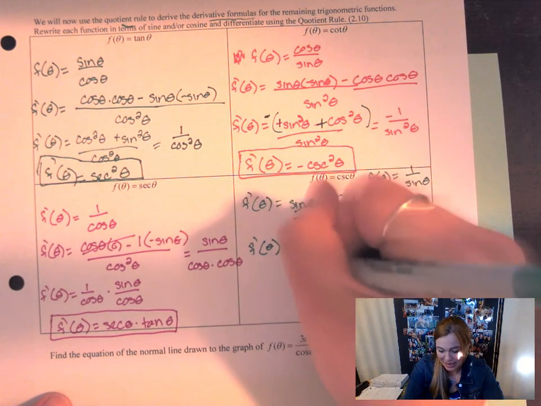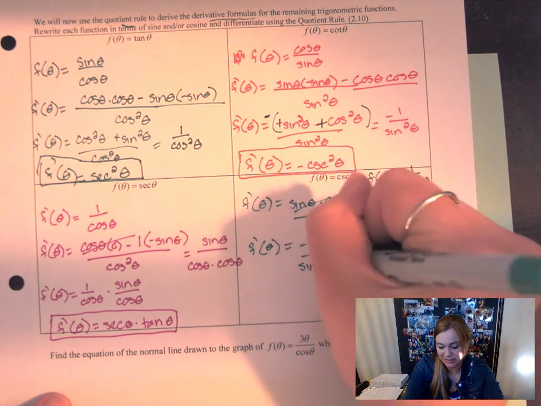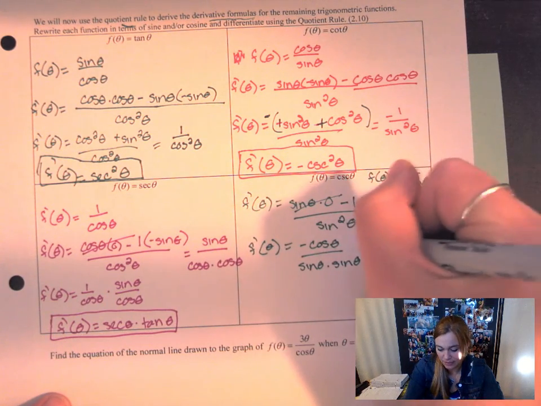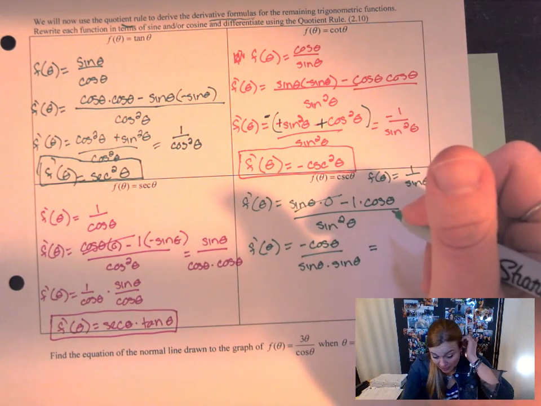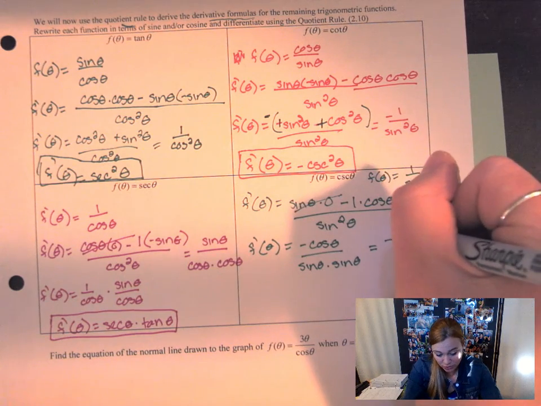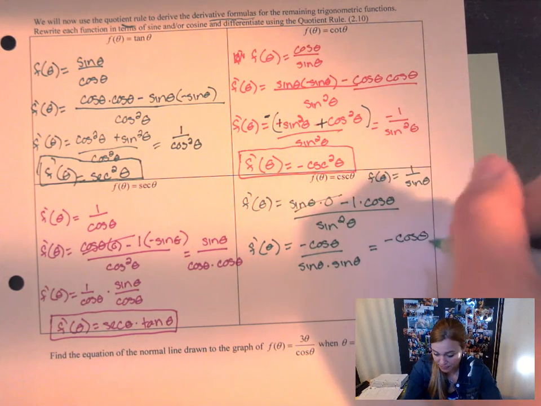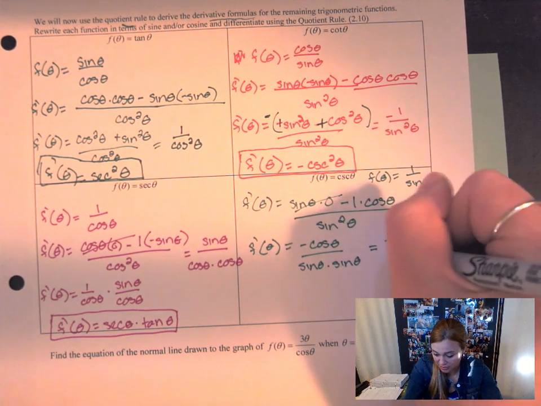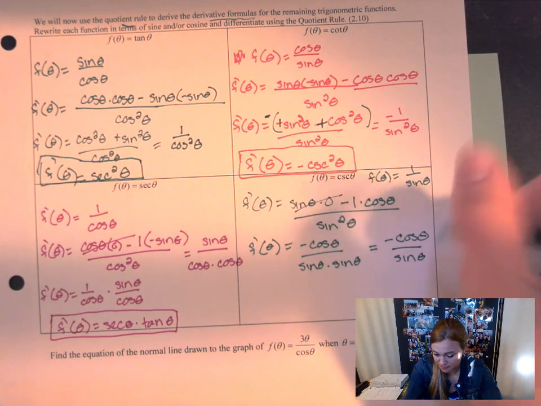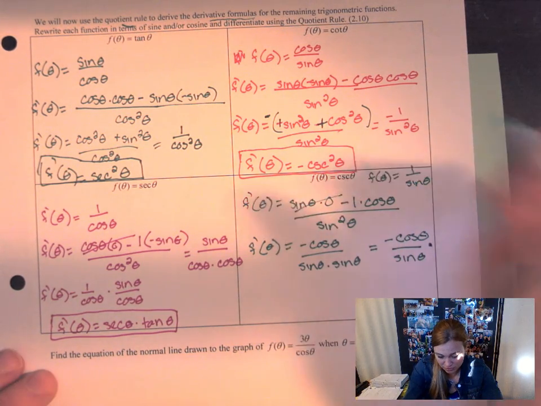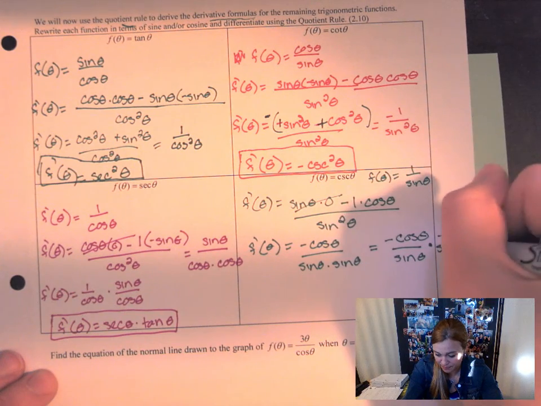And again, I'm going to change this into sine of theta times sine of theta. And then I'm going to rewrite this one as negative cosine of theta over sine of theta times 1 over sine of theta.